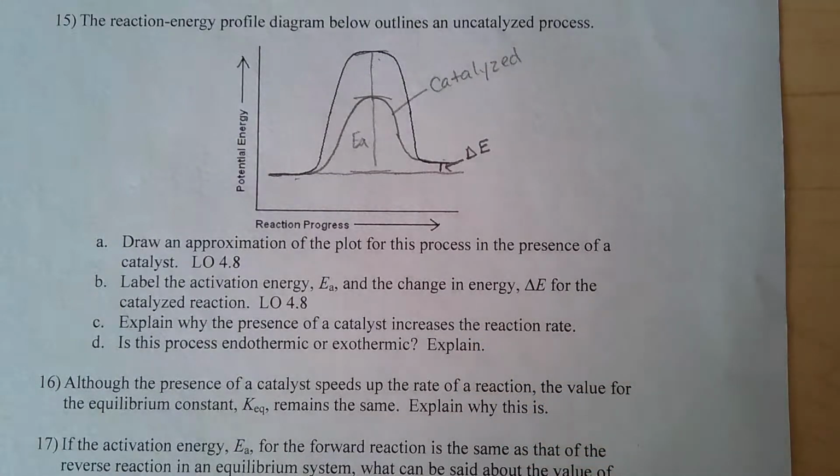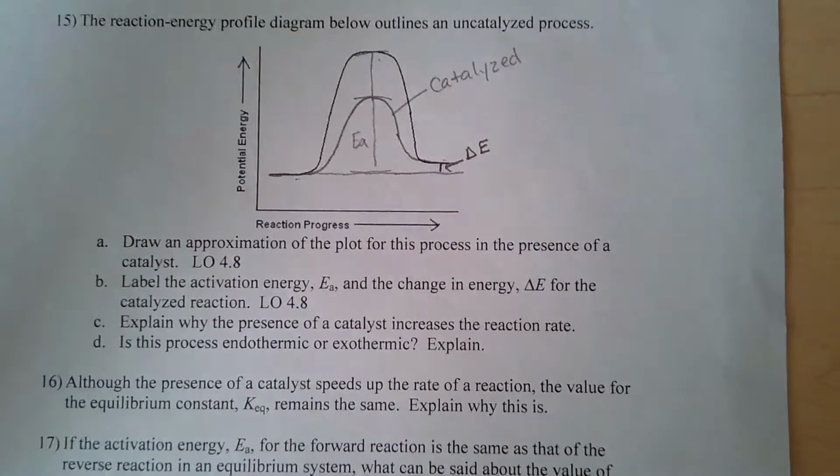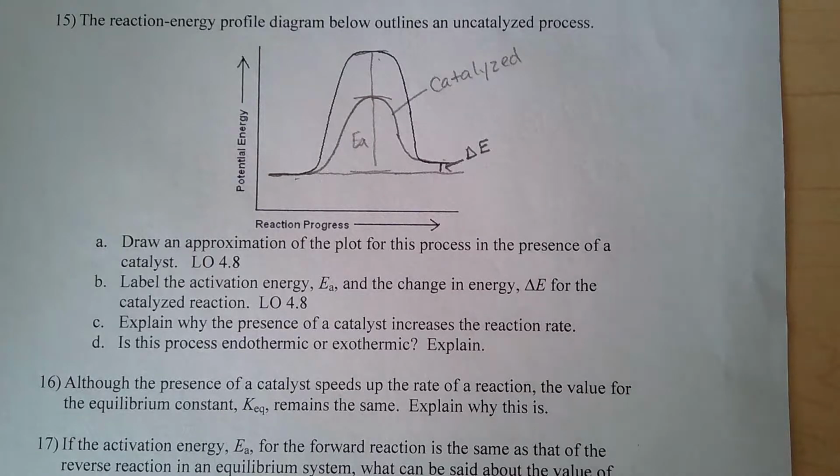The explanation for this one is it provides an alternate mechanism for the reaction that has a lower activation energy. When the minimum collision energy required to trigger a chemical reaction is lower, you have a higher percentage of collisions between reactants that'll end up in chemical reactions.